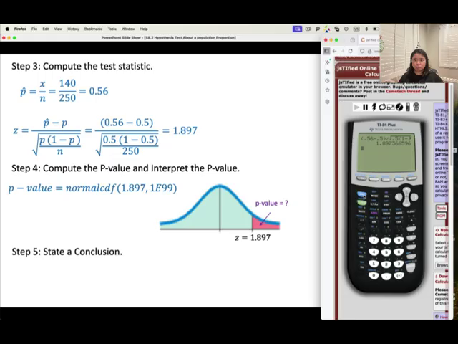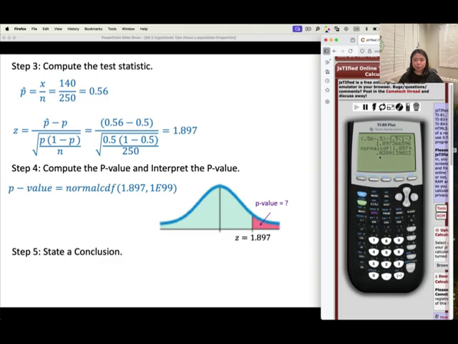You're going to go second, VARS, normalcdf. So 1.897, and then 1E99. Keep in mind for the E, you use second, comma, the double E here, then 99. Mean will be 0, standard deviation will be equal to 1, and then paste.